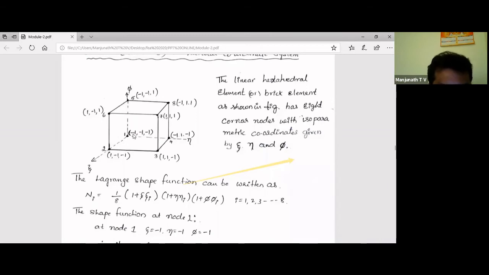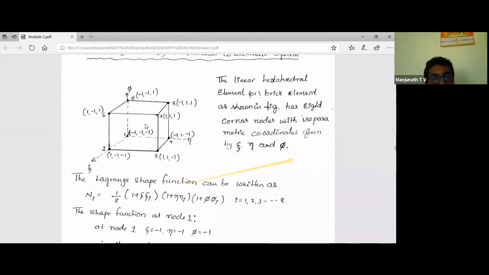So -1 to +1, -1 to +1, -1 to +1, in all three directions. Similarly, if you consider all three directions, here it is -1, here -1, then here +1, here it is -1, and here you can see +1 in the vertical direction.